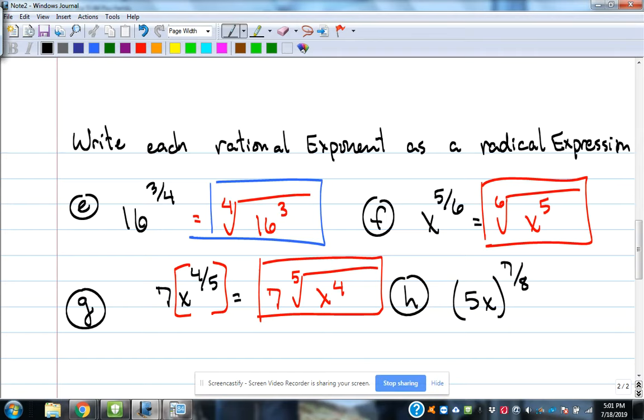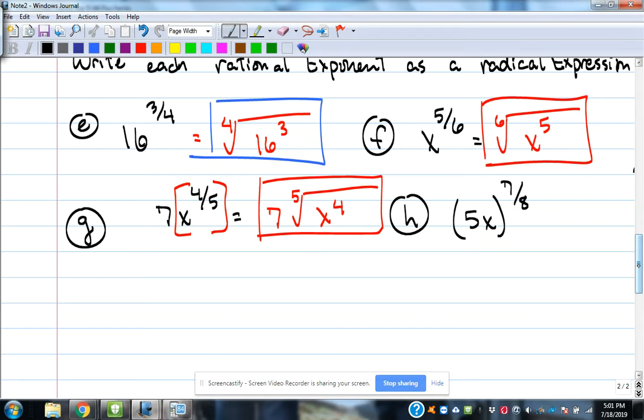Here's another one. Maybe this one's got a little bit more spin on it because it's got parentheses in it. You could distribute, but I probably wouldn't, just because it's not going to change it any.